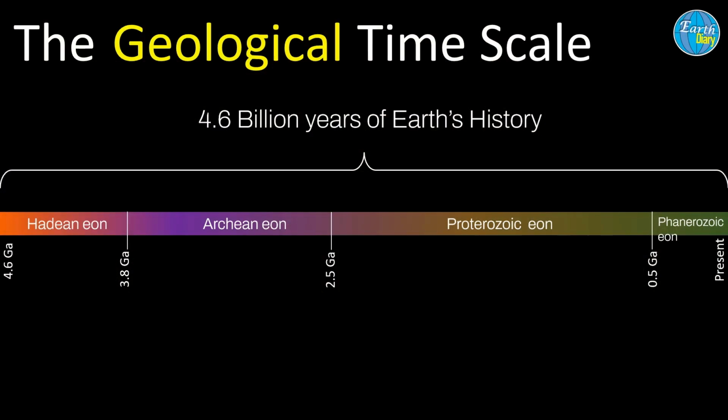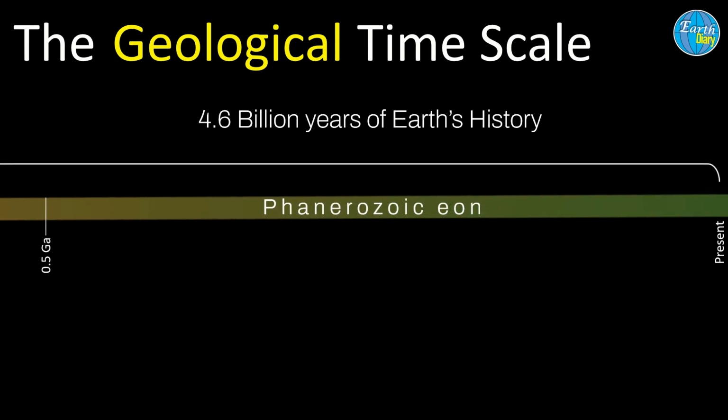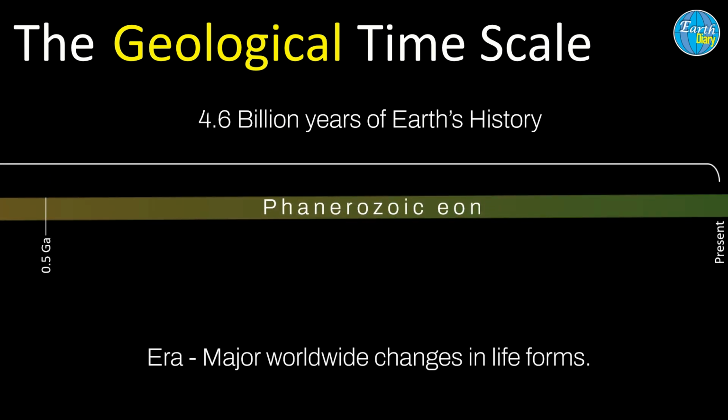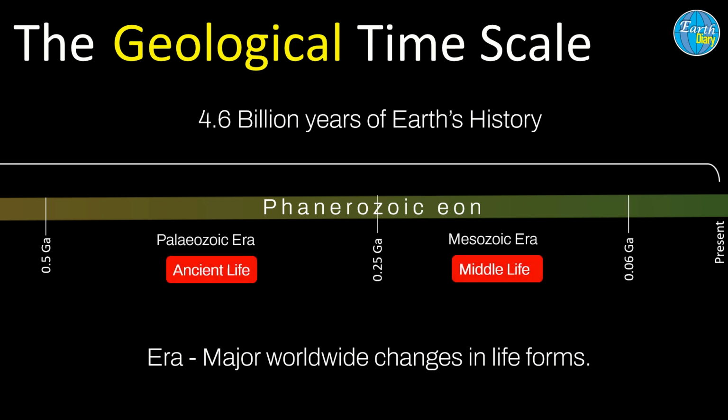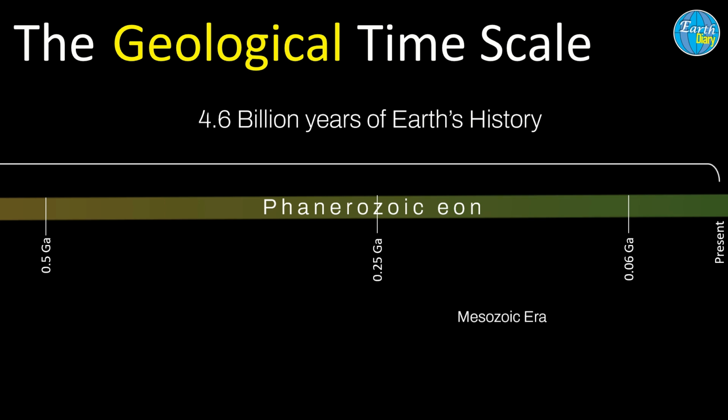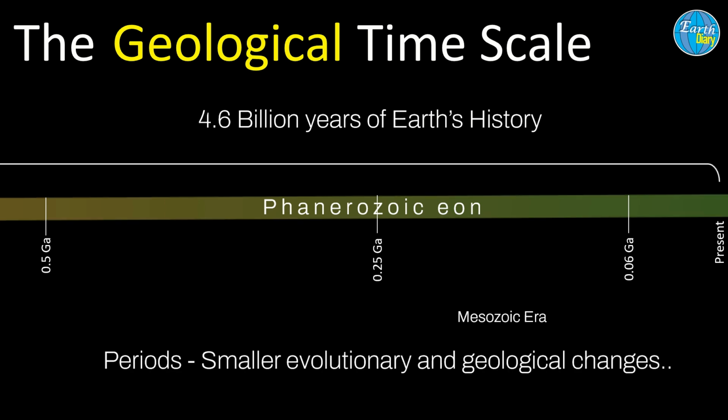But eons are still incredibly large spans of time. So scientists divided them further into smaller units called eras. Eras represent major worldwide changes in life forms. For example, the Phanerozoic eon is divided into 3 eras: Paleozoic meaning ancient life, Mesozoic meaning middle life, and Cenozoic meaning recent life. These eras are subdivided even further into periods, which represent smaller evolutionary and geological changes.